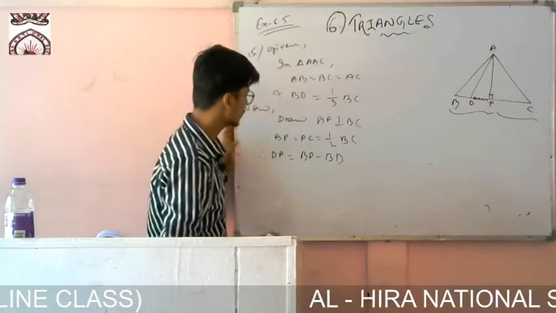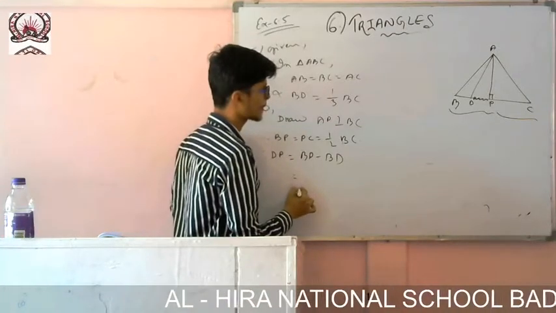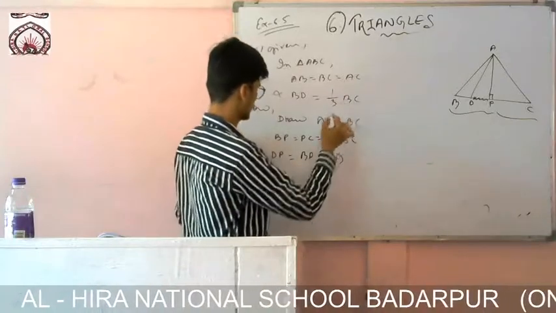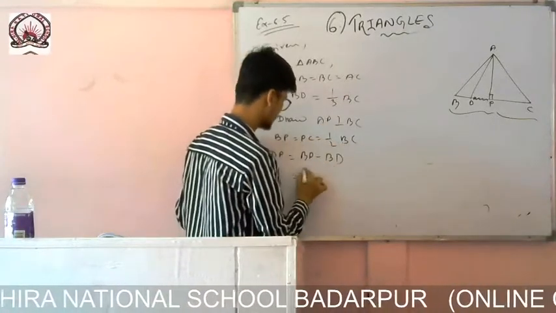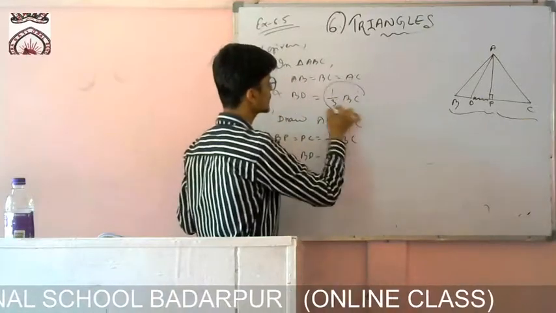What is the value of BP? It is half BC, minus BD, which is 1 by 3 BC.